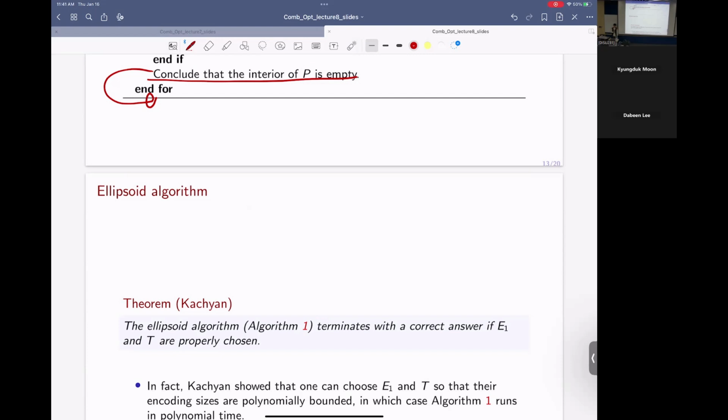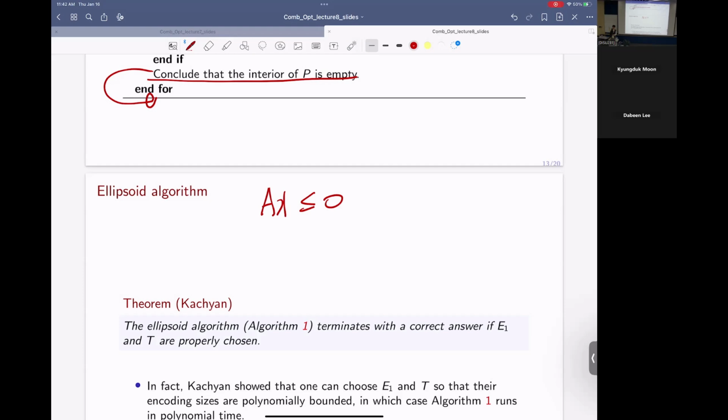I don't remember the exact details of how it works, but I guess you have to also worry about whether your polyhedron is bounded or unbounded. The bounded case is easier, but when your polyhedron is unbounded, in the sense that there's an infinite ray, you can easily decide whether Ax equals 0 has an unbounded direction.